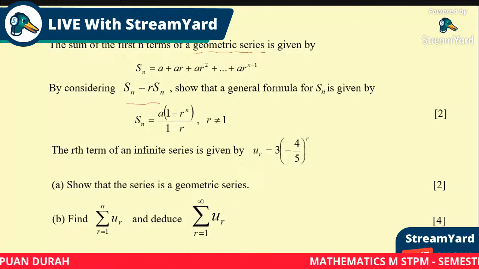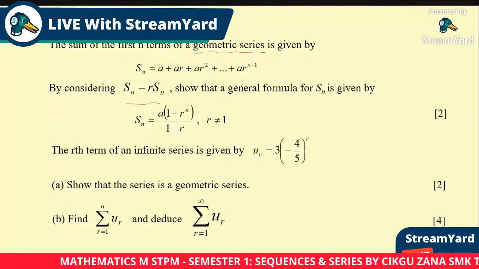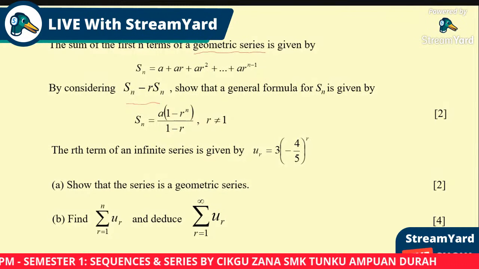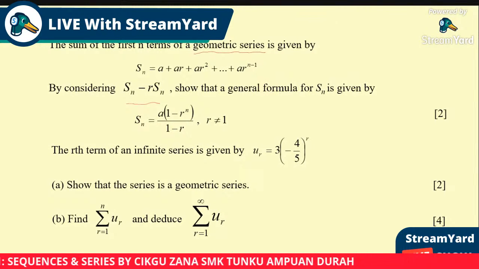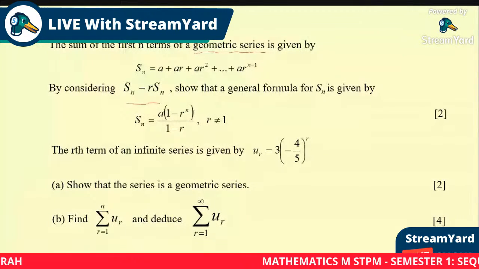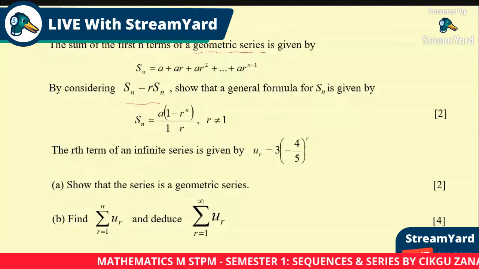And then you're given the term of an infinite series, given by 3 times -4 over 5 to the power of r. First you have to show that the series is a geometric series, which means showing it has a constant ratio. And then find the sum of the first n terms of the series.